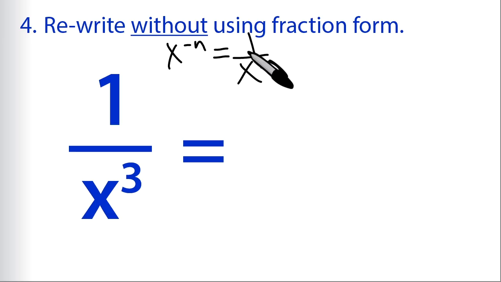They're not just one direction that we can use these in, because these are equal. This here means the same thing as this. So we can go from this to this and vice versa. We're going to have the same base, x, and then instead of positive 3, we're going to have a negative 3. So 1 over x cubed equals x to the negative third power.